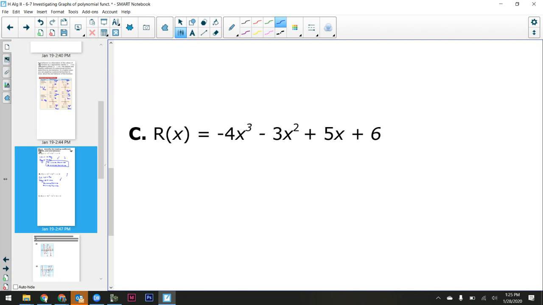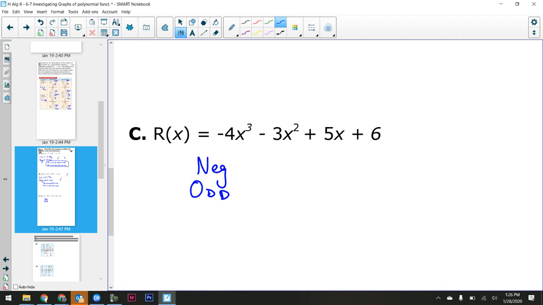We've got r of x. Okay, we've got a negative odd. So we say positive, negative, positive, negative. Negative odd.